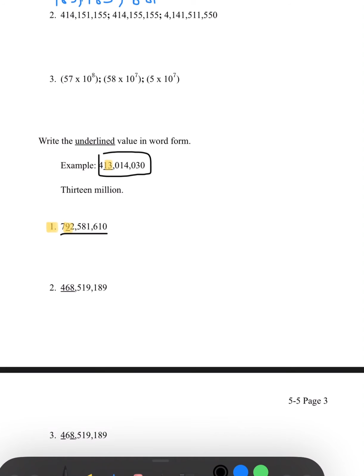But we can see that the 9 is in the millions place. So let's count. Ones place, tens place, hundreds place, thousands place, 10,000 place, 100,000 place, and from here it's million. And we can see that it's 90 million. So our answer is 90 million, but it says to write it in word form, so we're writing it in word form. 90 million.